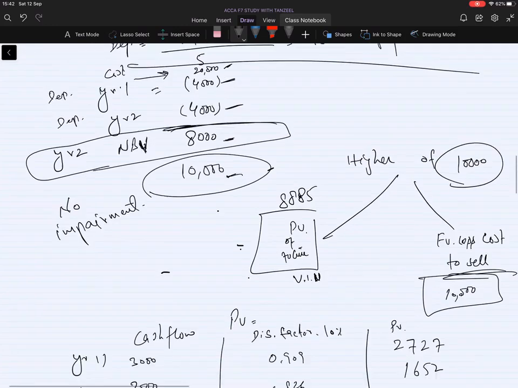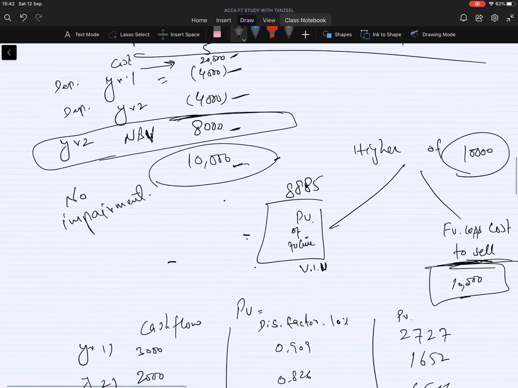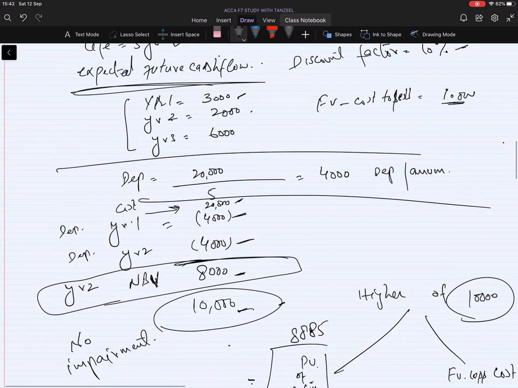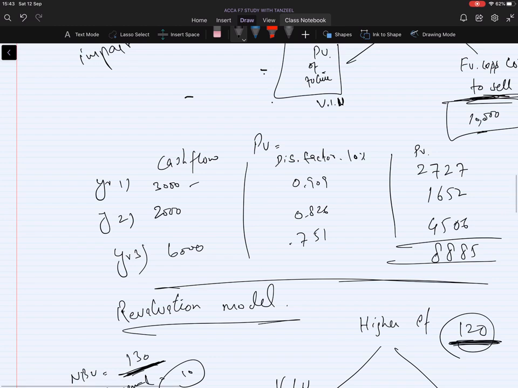Higher of fair value less cost to sell, which is 10,000, and the future cash flows. How will we calculate future cash flows? We have them already here: 3,000, 2,000 and 6,000 as your future cash flows. I will multiply these with the discount factors.